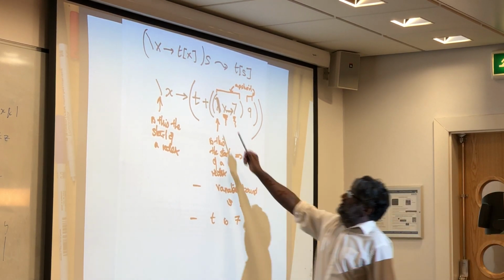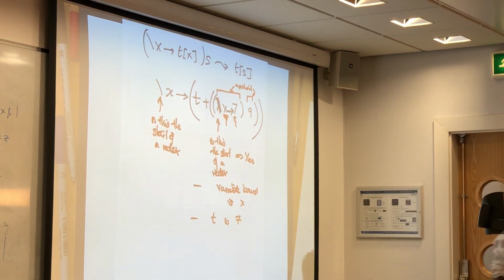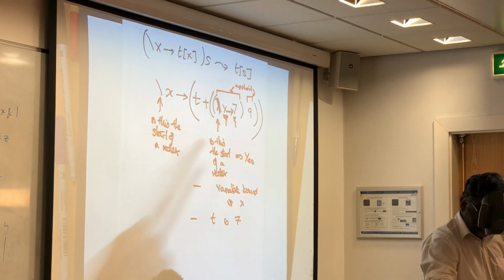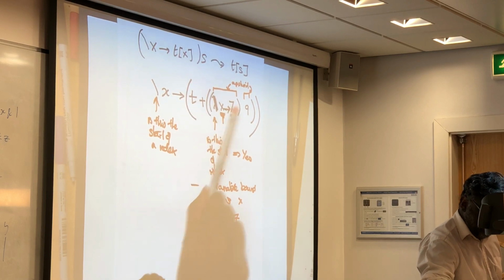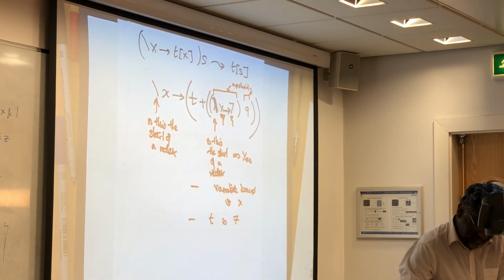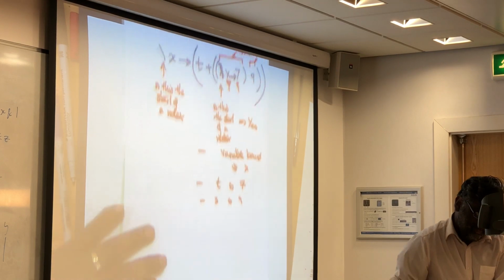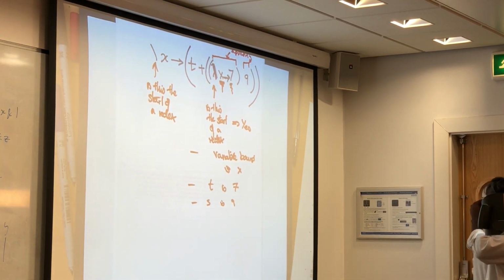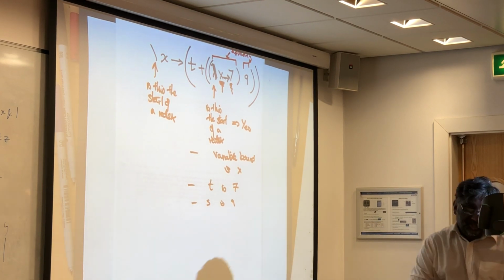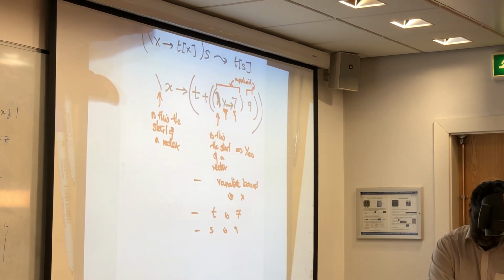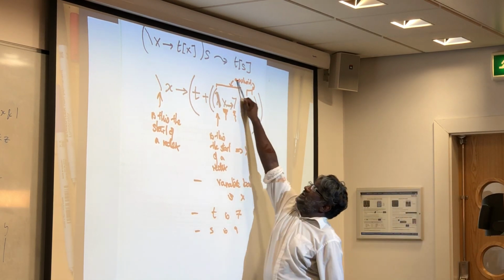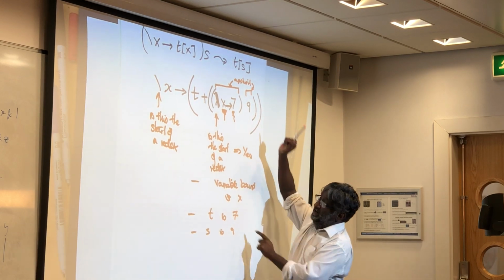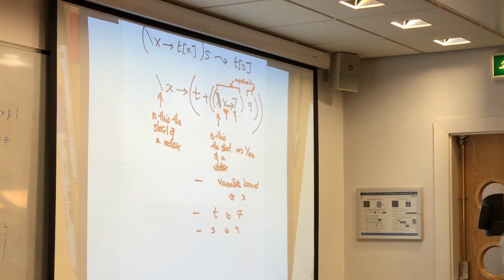Okay, and also we need to know what's the s. Your turn. What's the s? 9. There can't be many other answers. There's the lambda x arrow t applied to 9. So all we need to do is figure out what t is, but with all the x's replaced by 9.